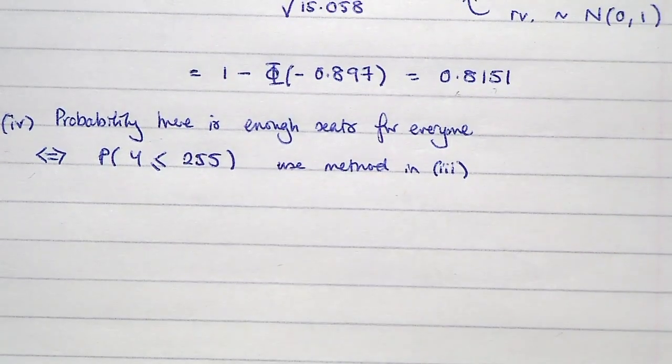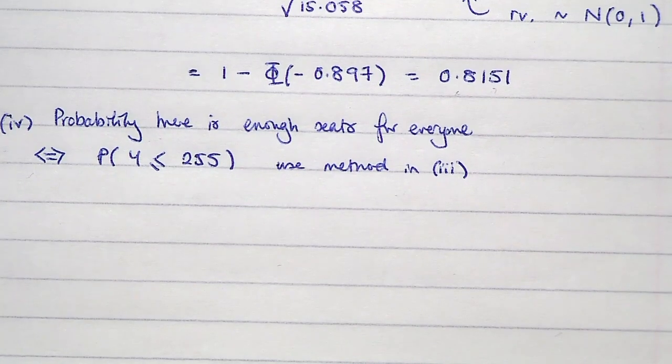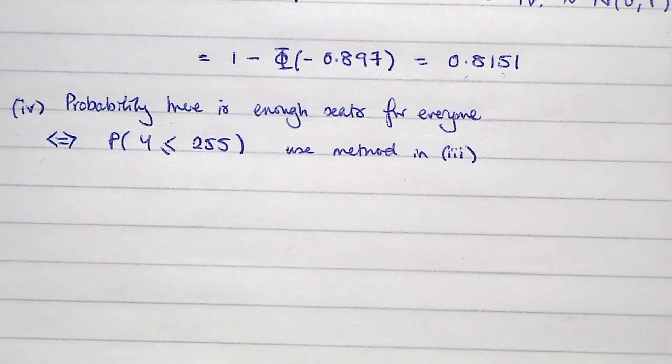Finally, we were asked what's the probability that there's between 6 and 7% of passengers don't turn up.